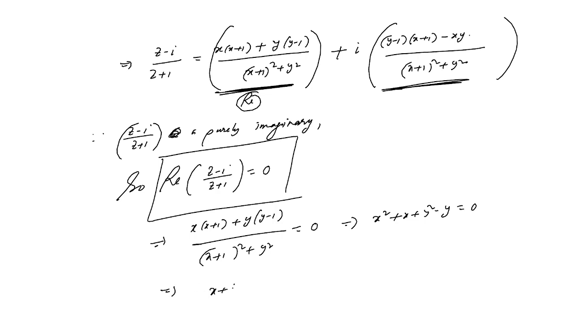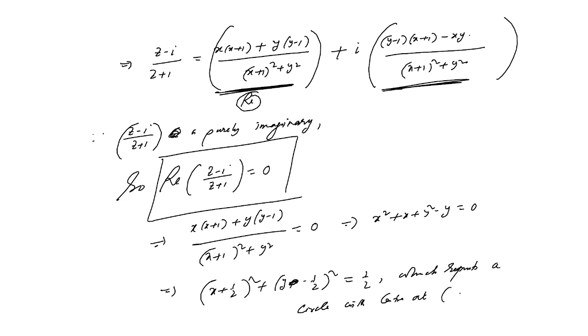That means we can write it as (x plus half) whole square plus (y minus half) whole square equals half. So this represents a circle with center at (minus half, half) and radius equal to 1 by root 2 units.